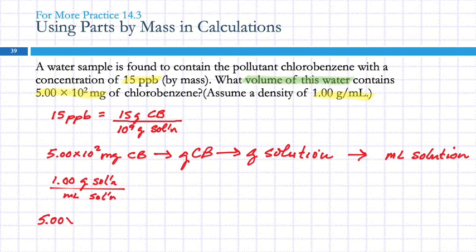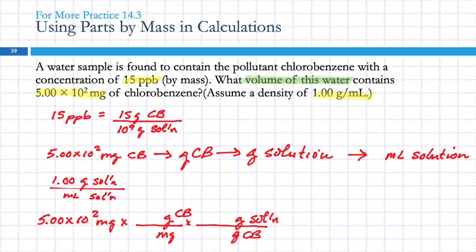So 5.00 times 10 to the 2 milligrams. We're going to grams. And we're going to go to grams of chlorobenzene. And we're going to grams of the solution.